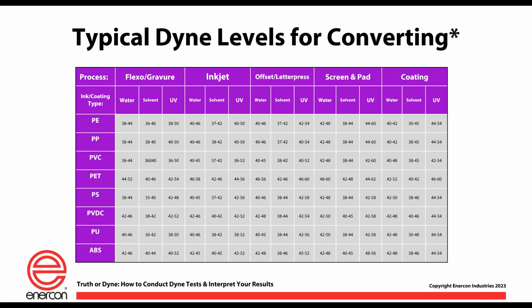If you're at, let's say, 40, 42, 44 Dyne level, it's rare that I find an application, in my experience anyway, where you require anything even near 50 Dynes. So for general converting, food packaging, general printing, anywhere above 40 Dyne level should get you there, give or take. And I think you'll be in good shape.